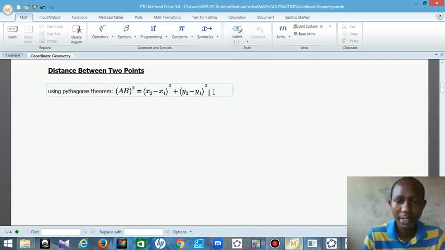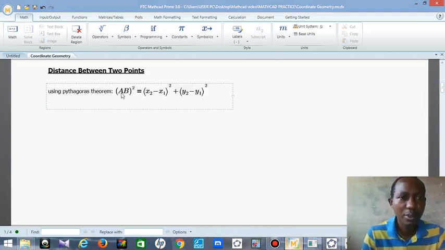By the time you get this, the next thing is you remove your square by square rooting both sides. So if you square root both sides, the square will disappear from this place.